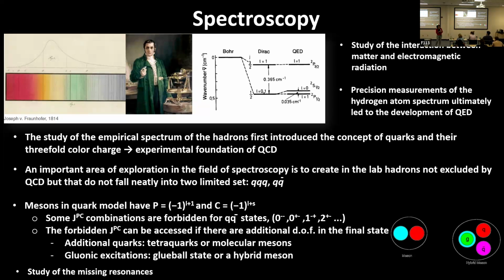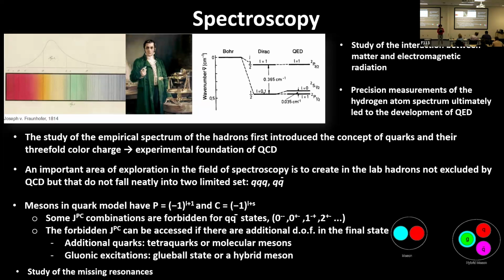Here at JLab, especially with CLAS12, we have an impressive spectroscopy program, the whole N-star program. I will not show this, just let you know what we are doing. Another important part of the spectroscopy program here is to look for particles that don't fit in the two canonical states, the q-qbar meson and the three-quark baryon.